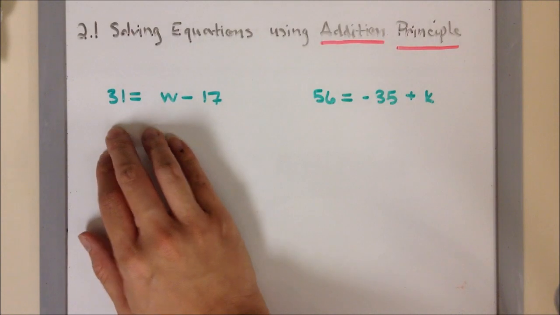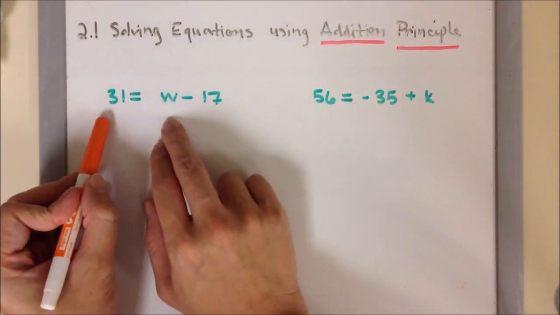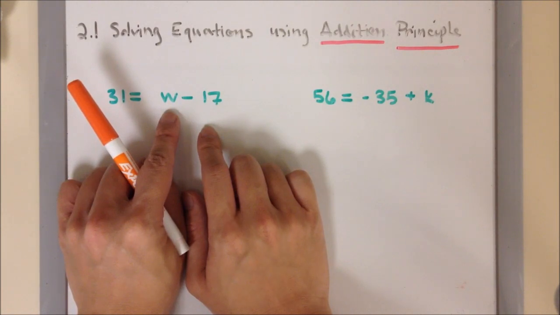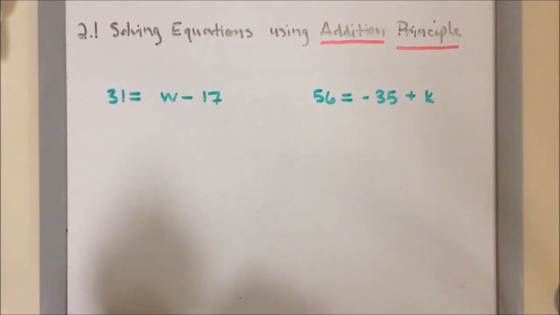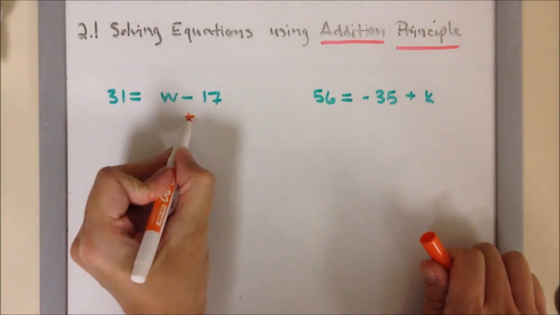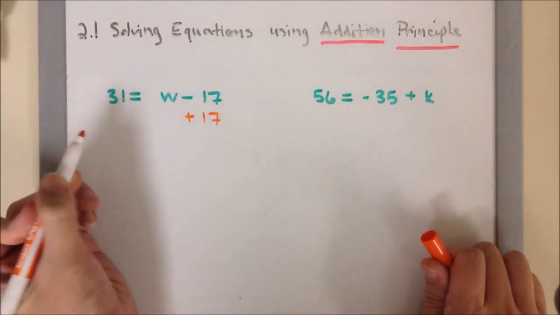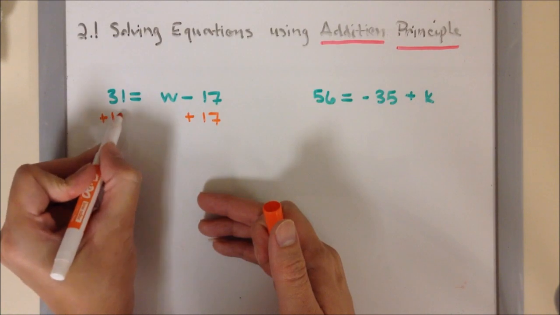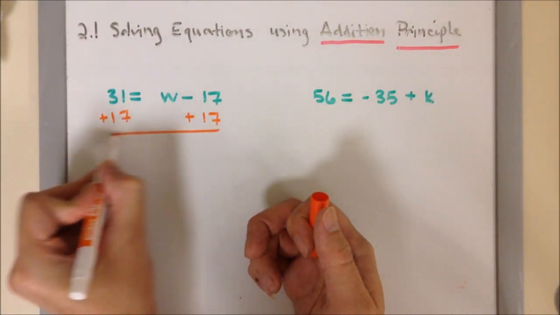So in example 3, 31 equals w minus 17. We want to isolate the variable by itself. I have to go opposite of minus 17, which is plus 17 on the right side. Then I have to balance the equation, so I add 17 on the left side.